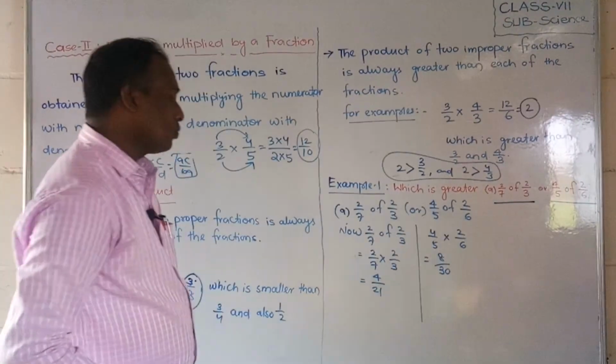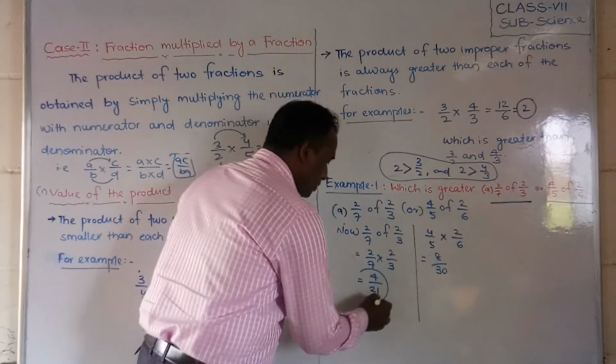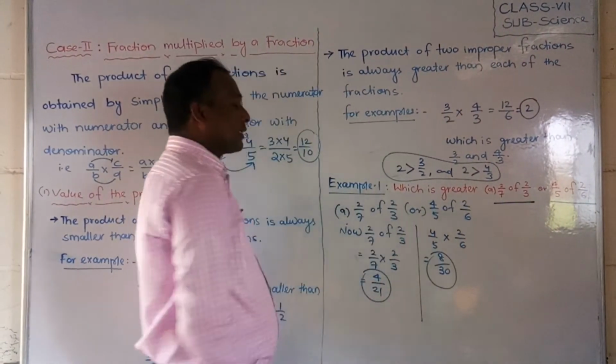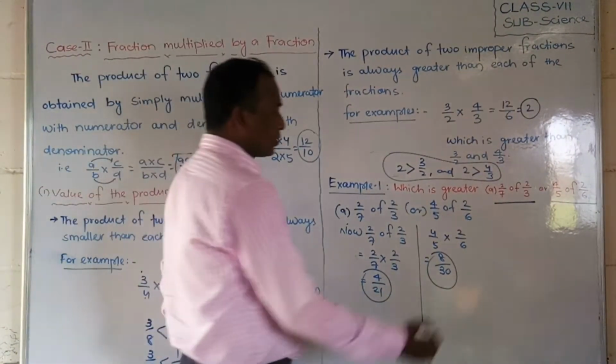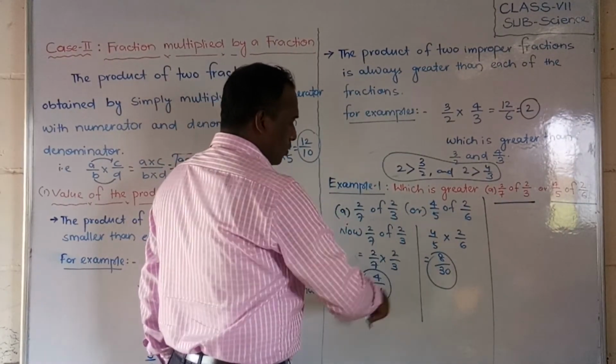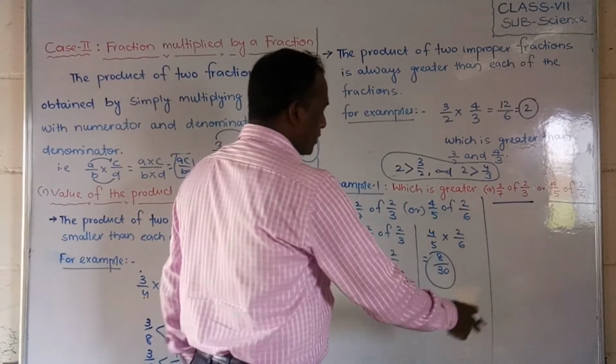Now we got the two fractions: one is 4 by 21 and the other is 8 by 30. Which one is greater? We can find out by taking the LCM of both, or by numerator cross multiplication also.